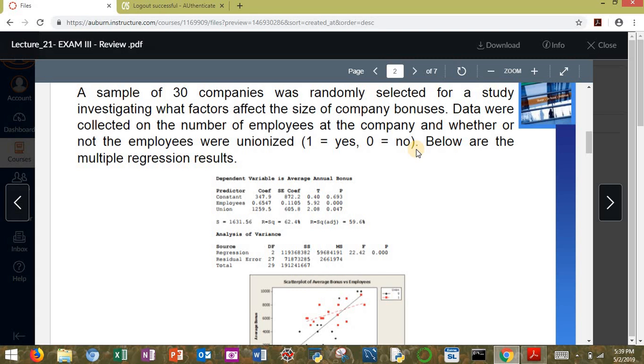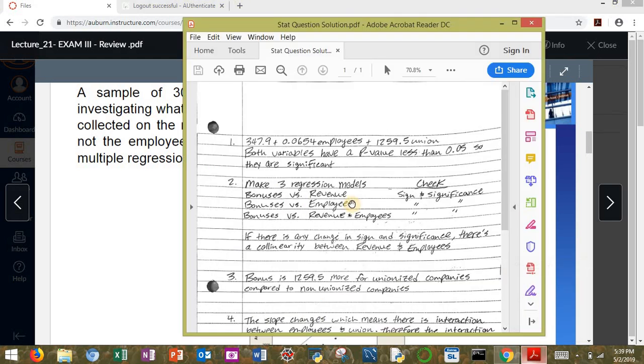And so we're actually going to plug that into our equation, and that will affect the value for union. I'll show you what I mean by that. So the answer I put was the bonus is 1259.5 more for unionized companies compared to non-unionized companies.